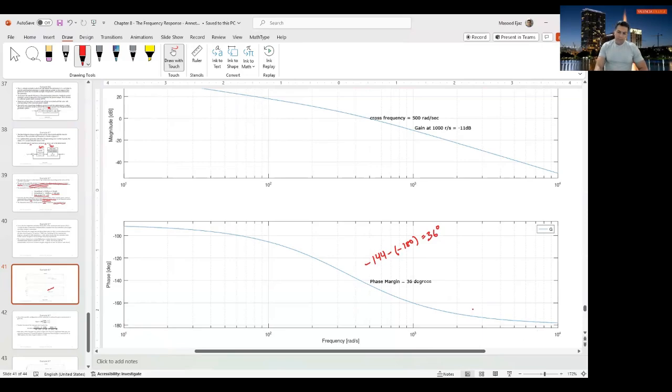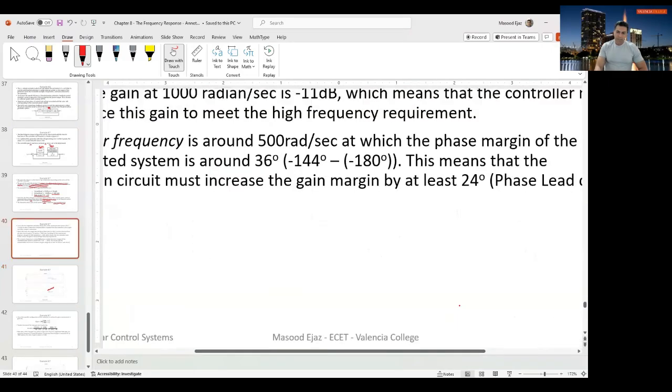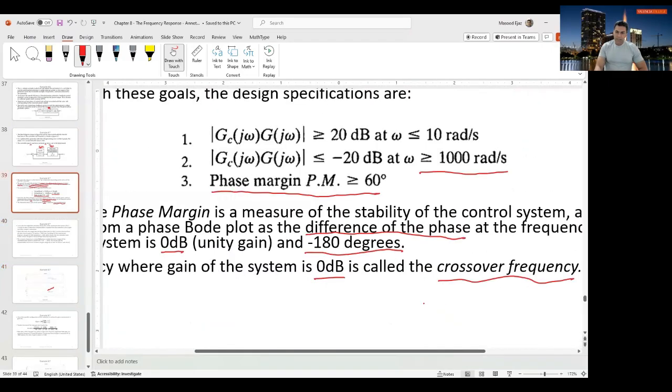This phase margin is less than what is required, which was at least 60 degrees at the crossover frequency. Now, the crossover frequency can change if you change the parameters of the controller, GC(jω), as you will see. But whatever the crossover frequency is going to be, your requirement is that the phase margin has to be greater than or equal to at least 60 degrees.